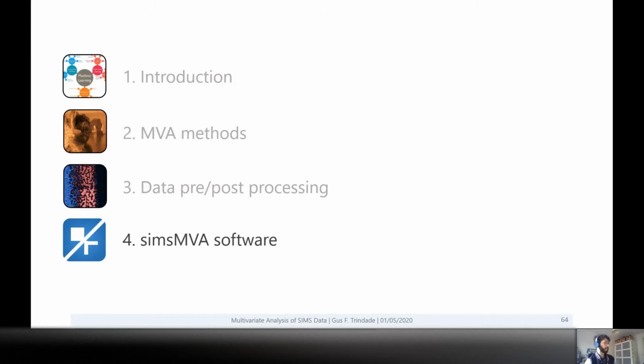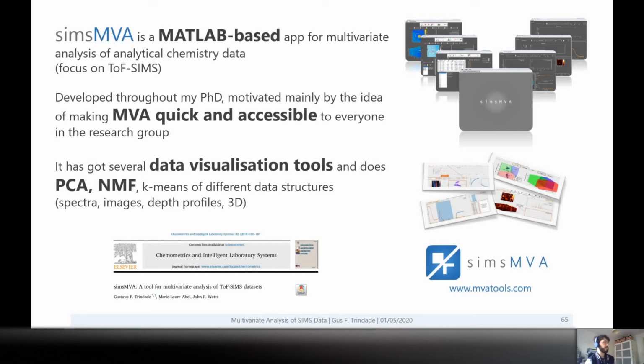Right, so SIMS MVA is a MATLAB-based app for doing this sort of MVA analysis of any kind of analytical chemistry data. But the focus is on ToF-SIMS, though you can use different kinds of data sets there. It was developed throughout my PhD, and the main motivation was to make it quick and accessible to everyone in the research group.